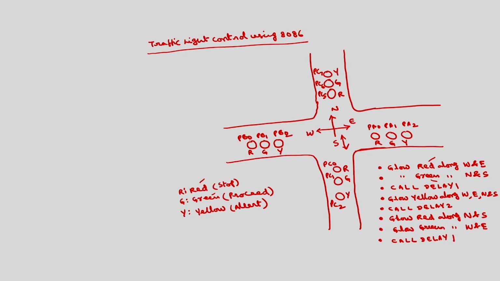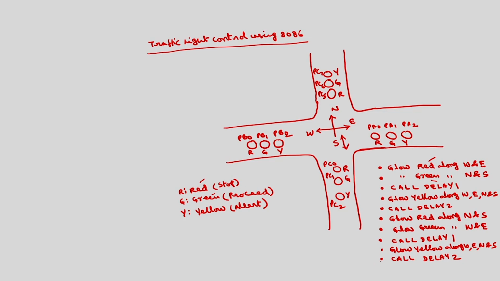Then you have to glow yellow along all the directions, W, E, N and S, call delay 2. Then you have to reverse the procedure.